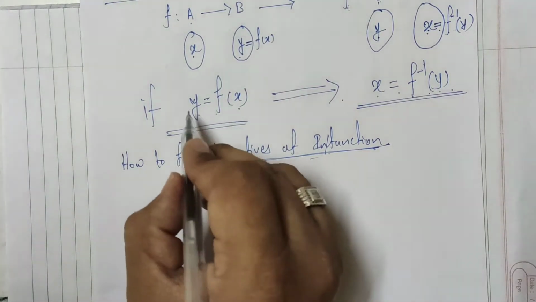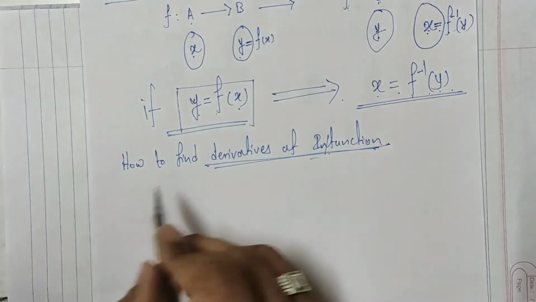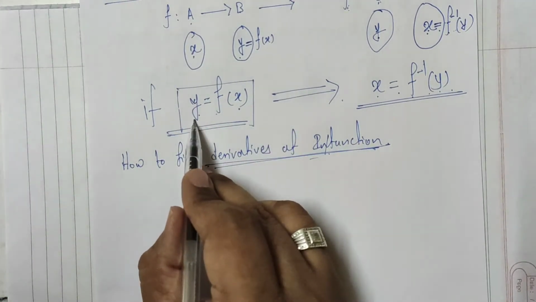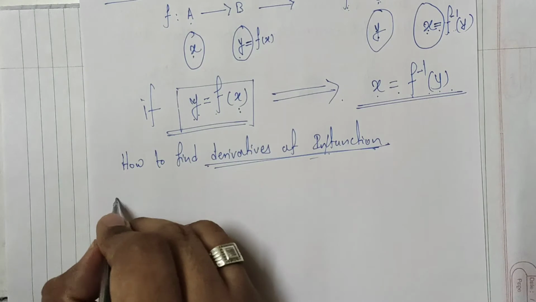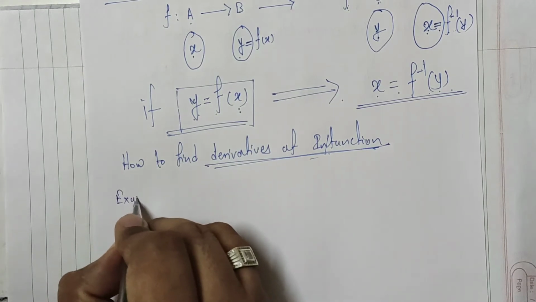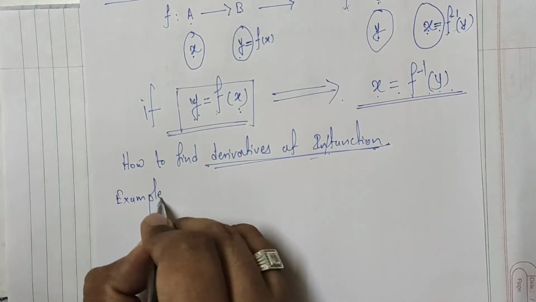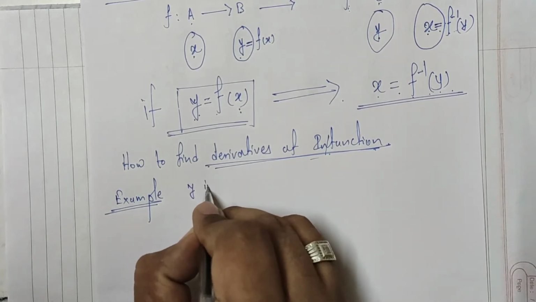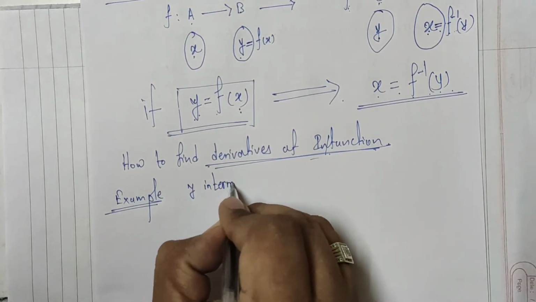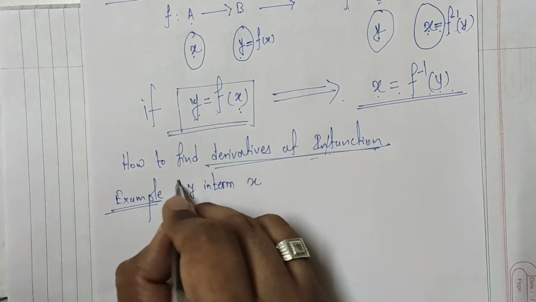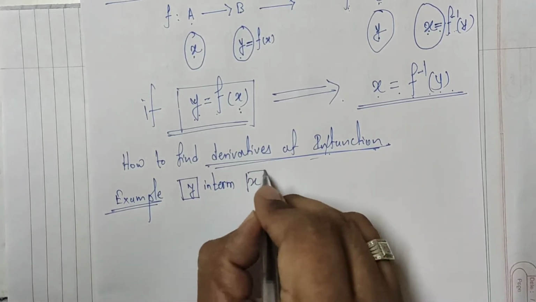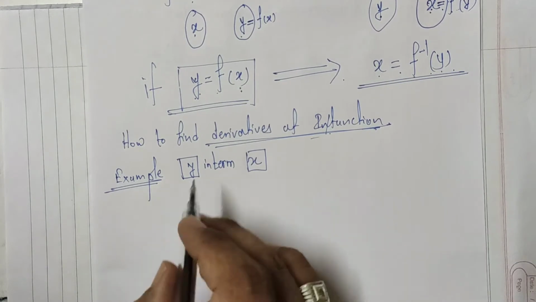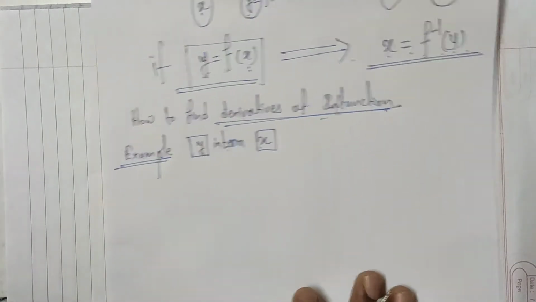Suppose we take one example, of the form y is equal to f of x, that is, y in terms of x.